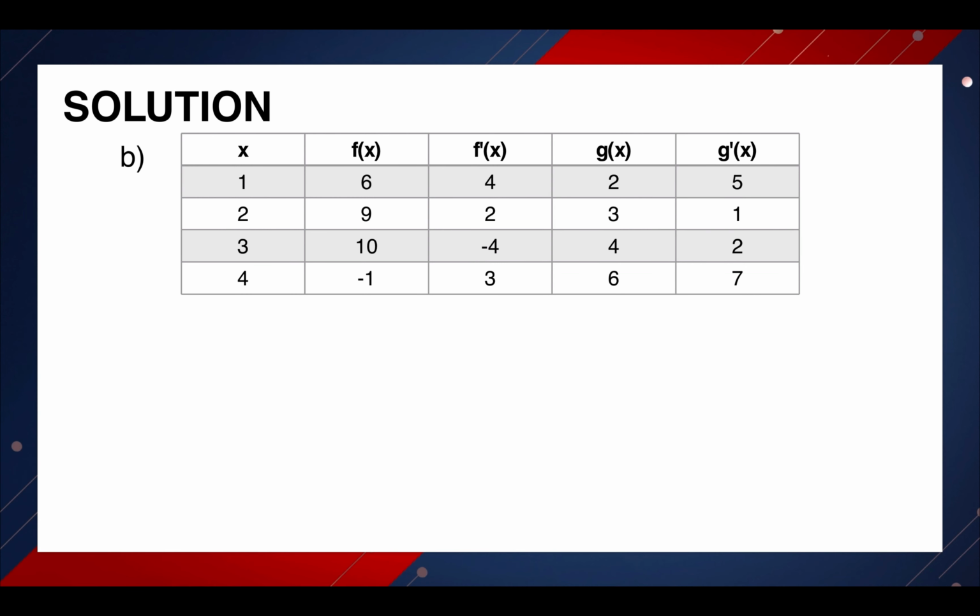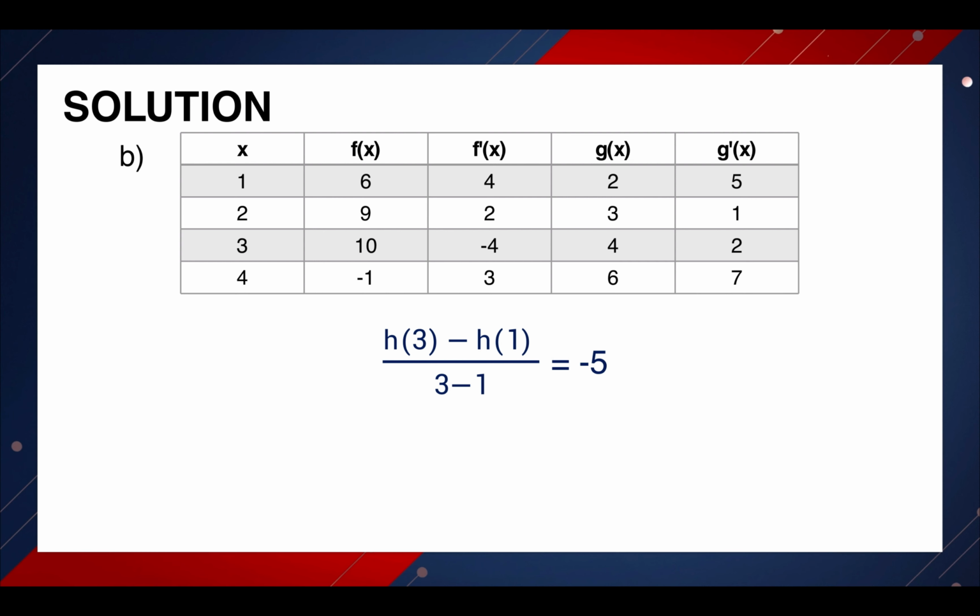In this question, we need to use the mean value theorem, (h(3) minus h(1)) over (3 minus 1), because we need to find out if there is a value where the derivative of the function h(x) is equal to negative 5.